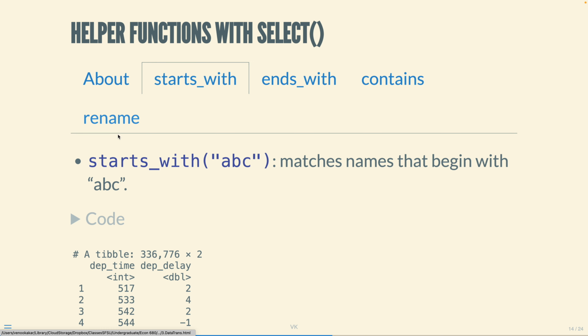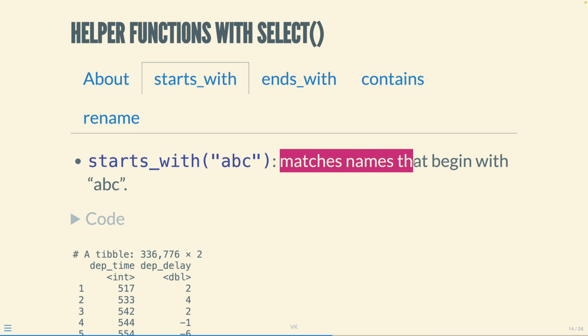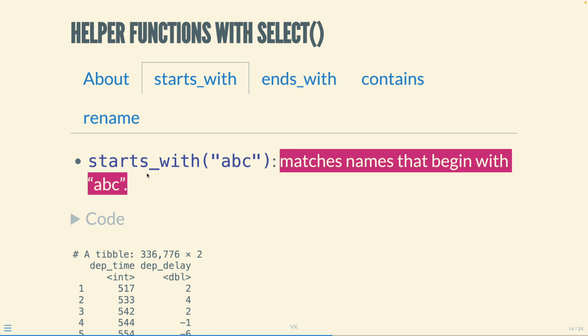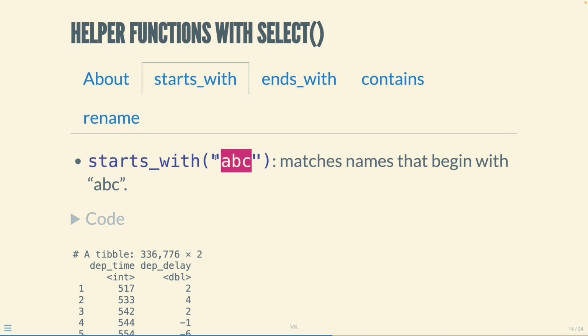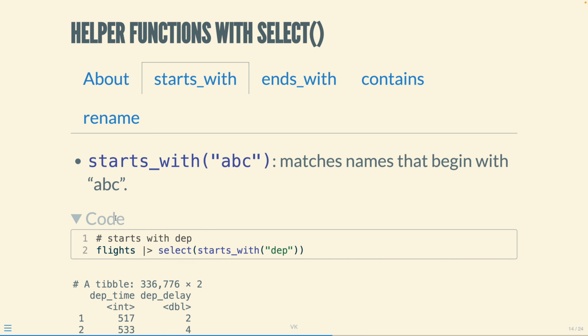So let's try to take a look at how we might be able to use this. If we use starts_with and we put ABC, it's going to match all of the names that begin with ABC, okay, because it says starts with, right? So it's kind of doing a partial match on text data.